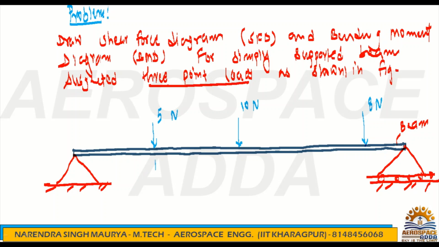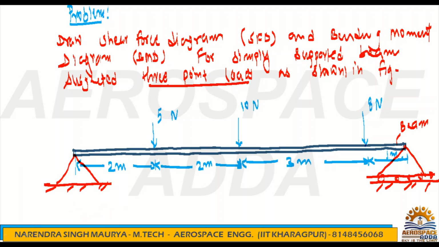Distance of each load from the support is given. 2 meter. This is also 2 meter. This is 3 meter, and this is 2 meter. Okay, sorry, this is 1 meter. I'm sorry. This is nothing but 1 meter.